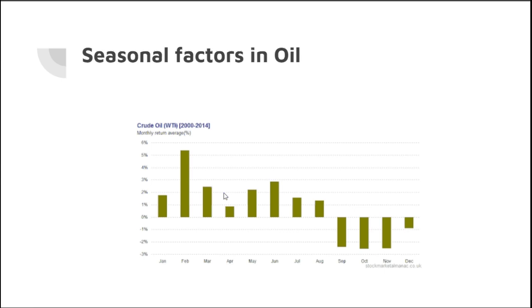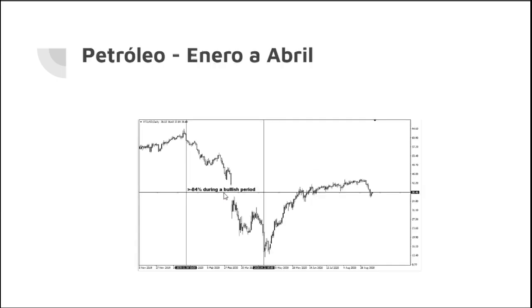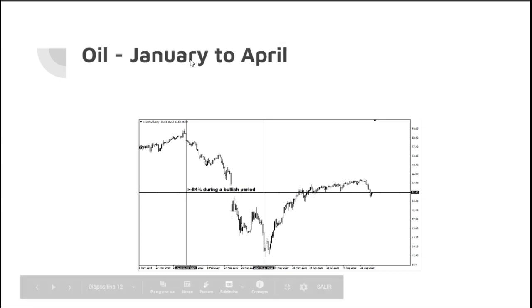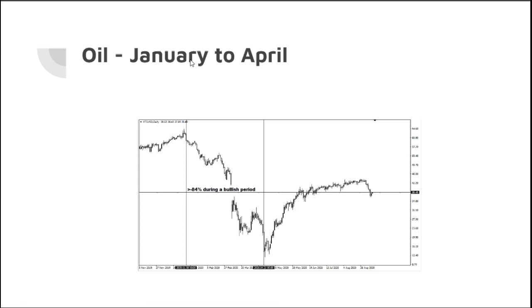And last, seasonal factors in oil. As we can see, we have 8 months of the year where this asset is bullish and 4 months that are bearish. But be aware here, we are entering the danger zone, and this is why. During a bullish seasonality period we have oil dropping more than 84% depending on the assets you were looking at.